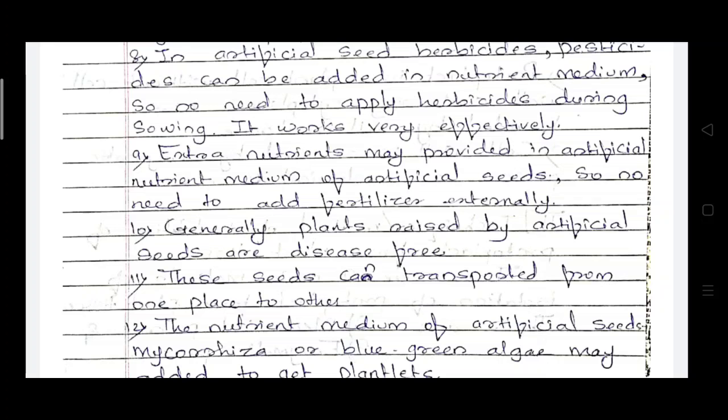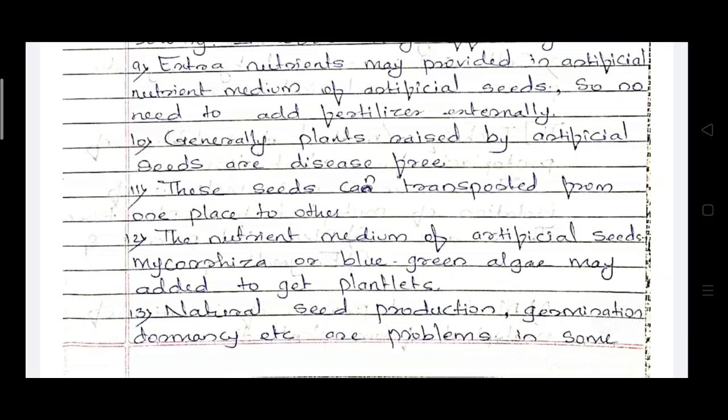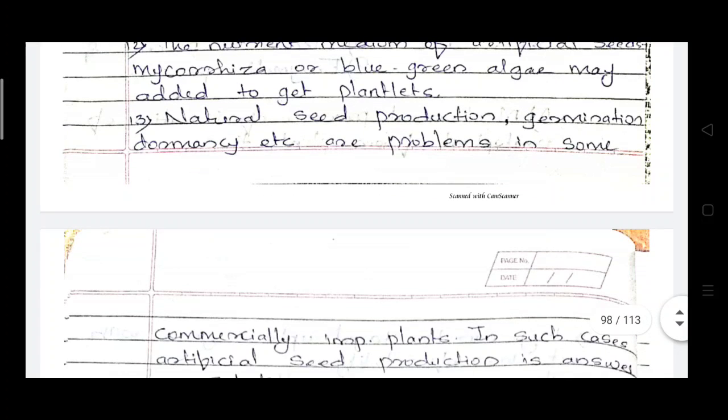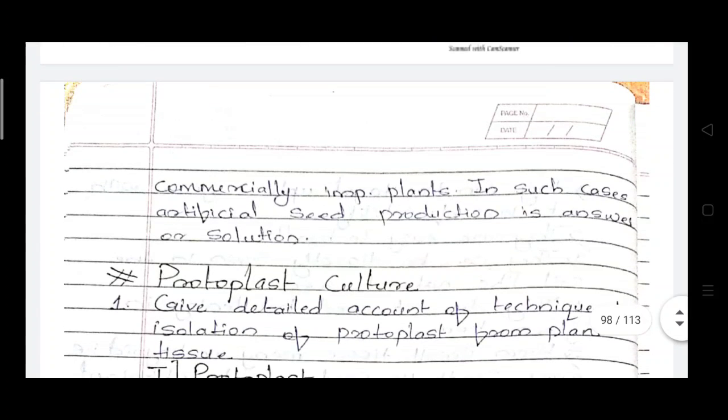These seeds can be transported from one place to another. In the nutrient medium of artificial seed, mycorrhiza or blue-green algae may also be added to get plantlets. So, natural seed production, germination, dormancy, etc. are problems in some commercially important plants.